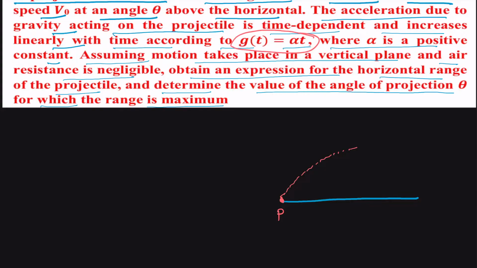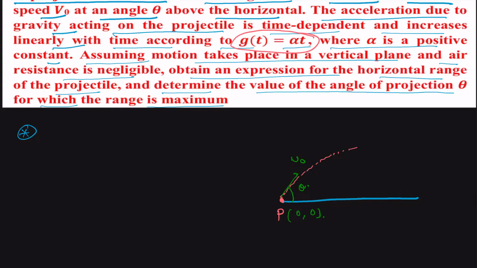It is given that it is projected with initial velocity v0 and at an angle of theta. And we assume that this point P is our origin, so we can say its coordinate is 0, 0. Therefore we can find out the horizontal component as well as the vertical component of our initial velocity.